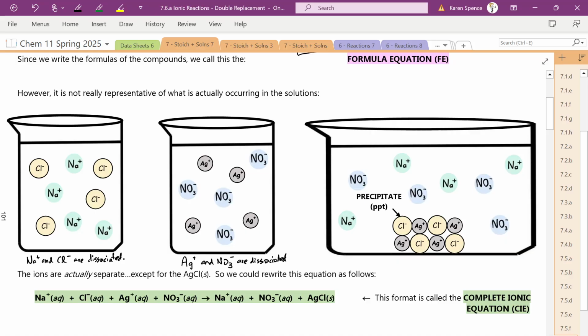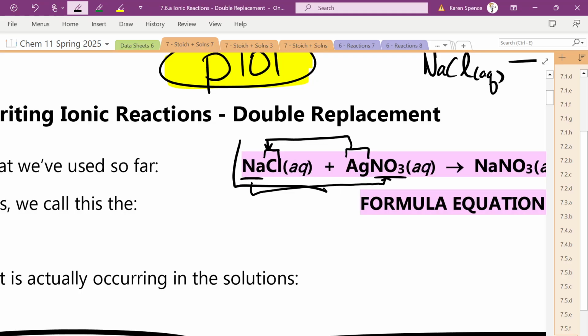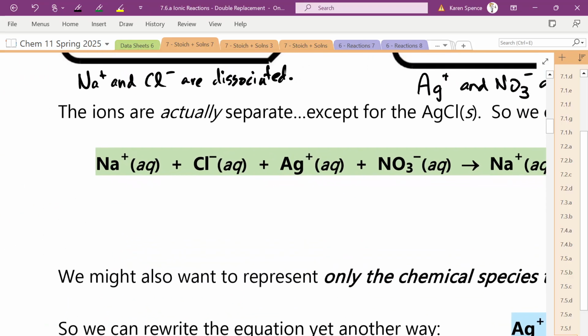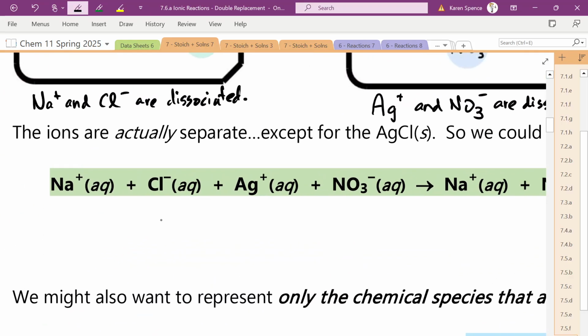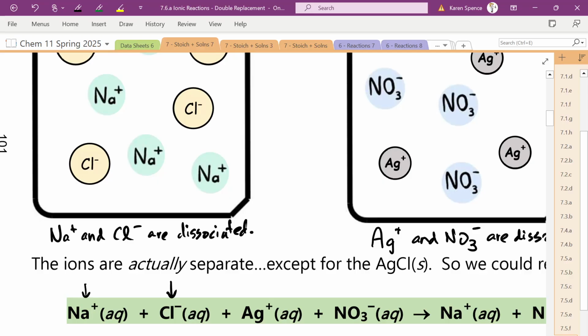So what we can do is write a version of the equation which is called the complete ionic equation. And all we're doing is, instead of writing NaCl and showing them together, we take the Na and the Cl and we show them separately. Okay? So we have separated the Na from the Cl because in reality, if you look in the beaker, they're separate.